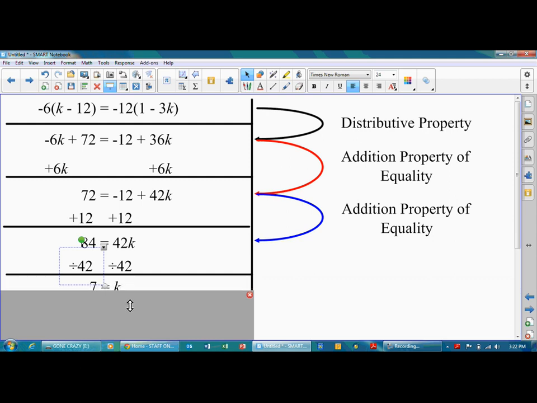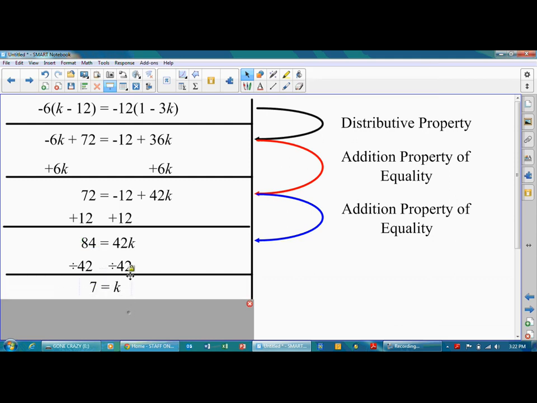So we divide by 42 on each side, and we get that k is 2. See, if I had done my check, I would have known that answer was wrong. But I didn't do the checks because I just wanted to focus on the actual justification part of the solving. Okay, check that. Perfect example of why the checks are important. So that last part is the division property of equality.